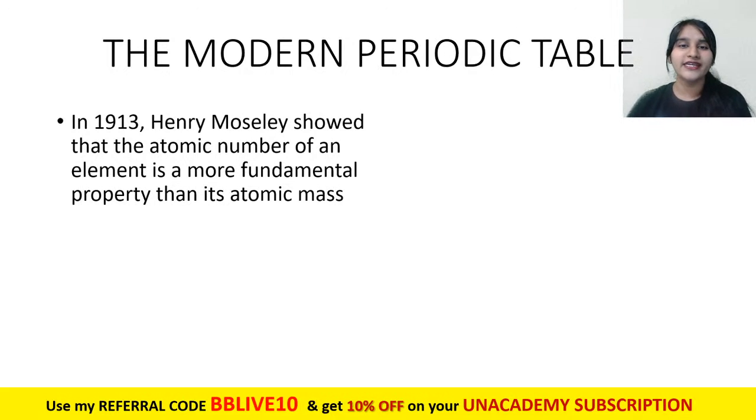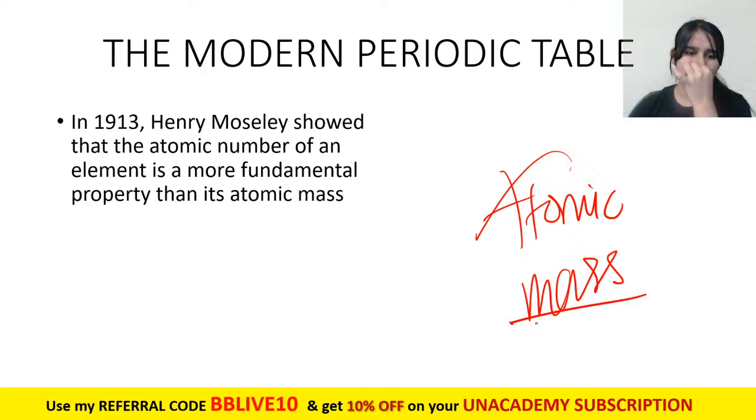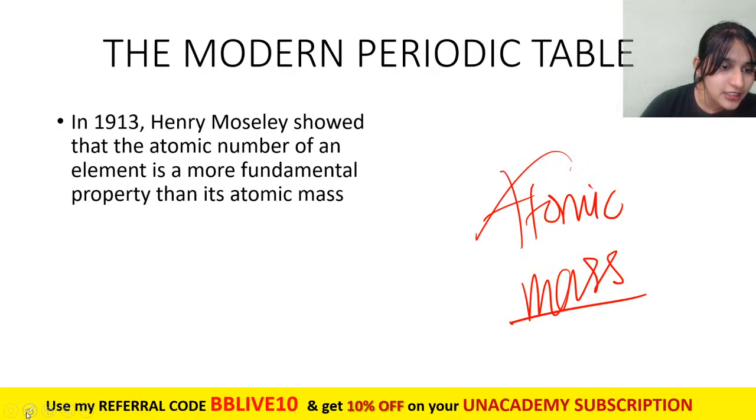Okay, so Henry was like, so many people have tried, something might be going wrong. Let's do something stormy. Let's change the whole perspective on how we are looking at it. Till now we were taking the atomic mass, so he said, let's change the whole basis and go to something new.